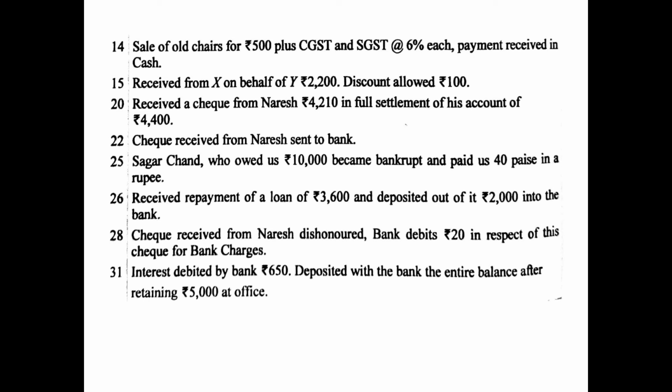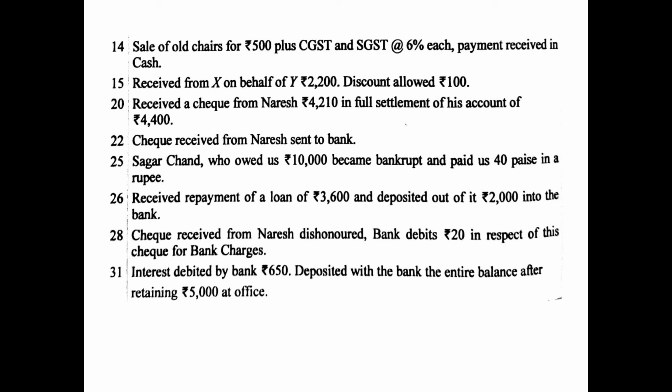Then deposited with the bank the entire balance after retaining 5,000 at office. That means after posting the last entry as interest debited by bank rupees 650, you will calculate the balance part. You will total the discount column, it will not be balanced.